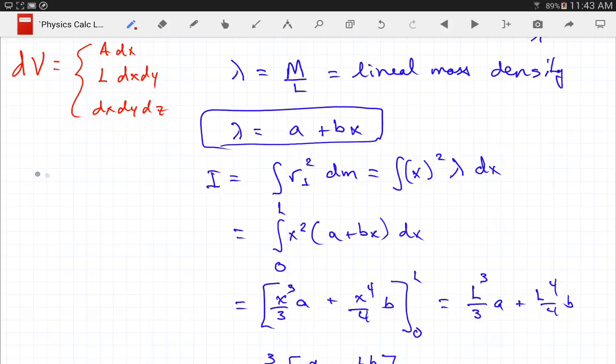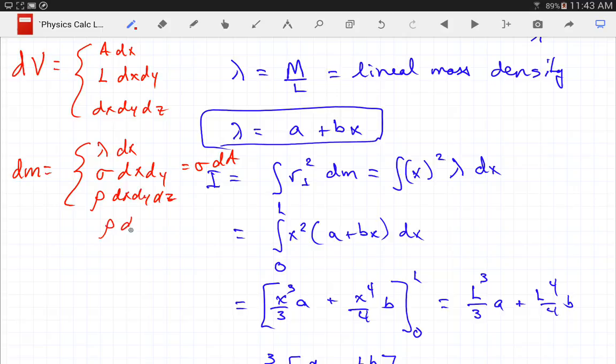And so in these cases, we put dm is equal to, in the top one, lambda dx, the middle one, sigma dx dy, or sigma dA, and the bottom one, rho dx dy dz, or rho dV.